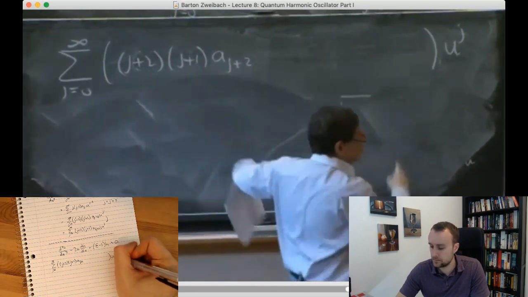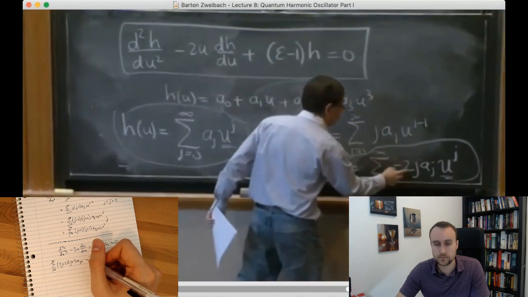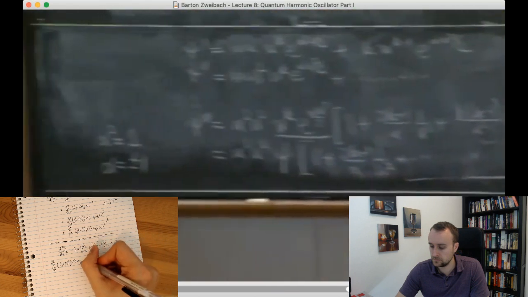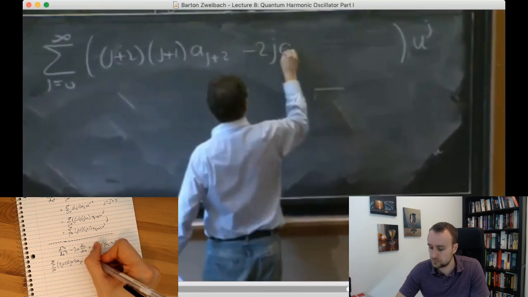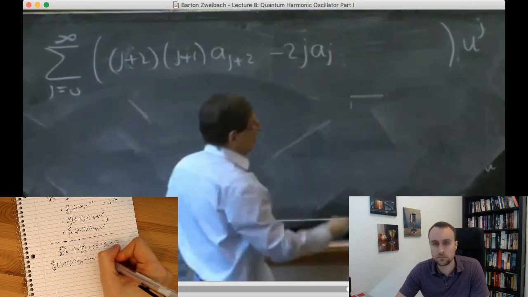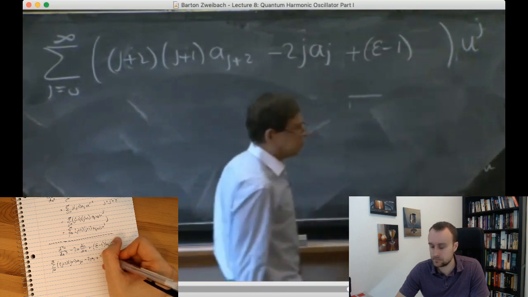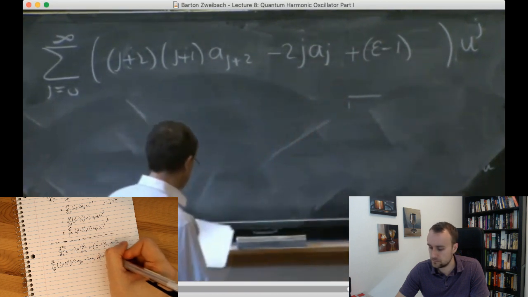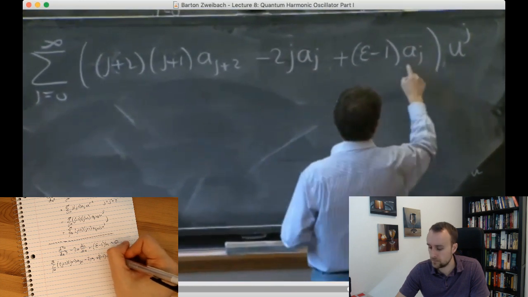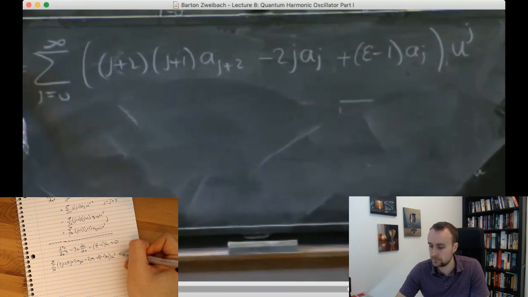Good, that's the second derivative term. Now this one, it's easy, minus 2j a_j, and the u^j is there. Last term is just e minus 1, because it's the function, this times a_j as well. That's h. And look, this whole thing must be 0.